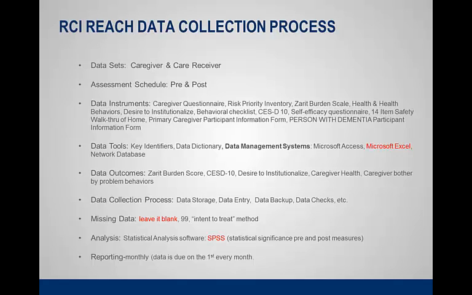Some of them you'll be using are the caregiver questionnaire, risk priority inventory, the Zarit burden scale, health behaviors, desire to institutionalize, behavior checklists, the scale for depression, which is the CSD-10, self-advocacy questionnaire, 14-item safety walkthrough of home, and there's two additional forms, which is the primary caregiver participation information form, and one for the person with dementia.